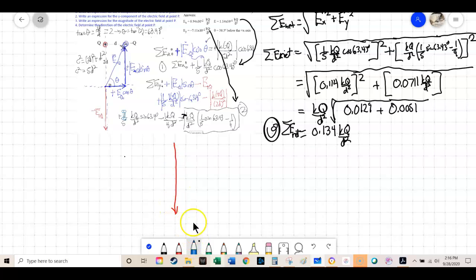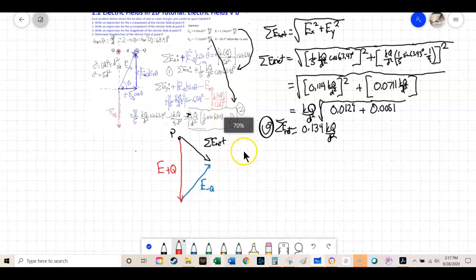And then the blue vector is going to be a little bit shorter because the red vector is closer to point P. And again, this is point P right here. So the net electric field is going to be down and to the right. And so this is the net electric field. Okay? And this is going to be E negative Q. And this is going to be E positive Q.